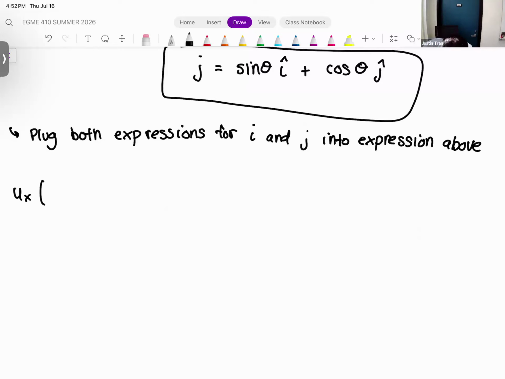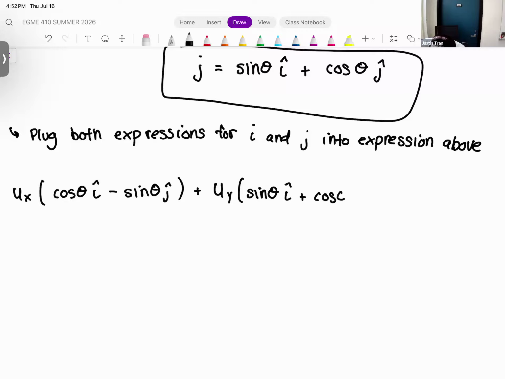So it's ux multiplied by cosine theta i hat minus sine theta j hat, plus uy multiplied by the j vector. For the j vector we plug in the expression that we still have on the screen there: sine theta i hat plus cosine theta j hat. All that is equal to ux hat i hat plus uy hat j hat.